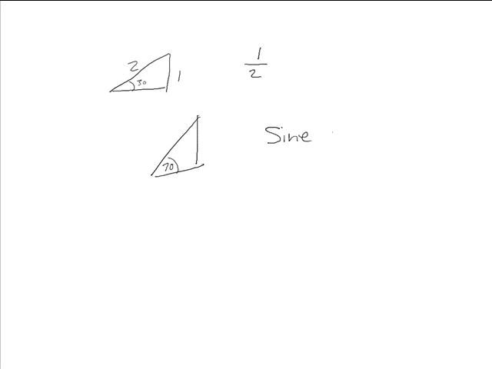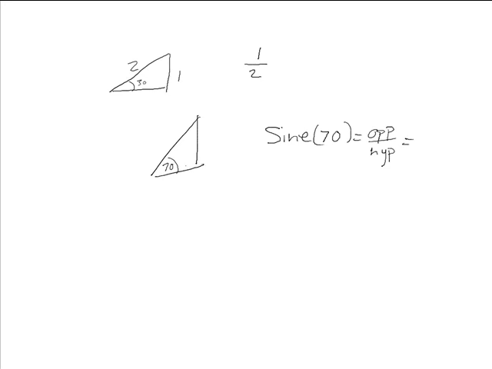So basically we can say the sine of our angle, in this case 70 degrees, is equal to the ratio of opposite over hypotenuse. So that means that if we know one of these sides, we can figure out what the other side is, because it has to obey some ratio.